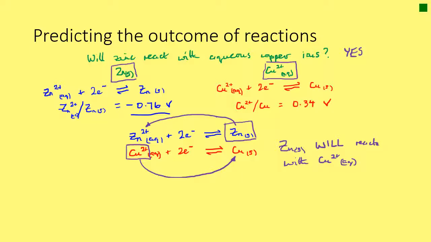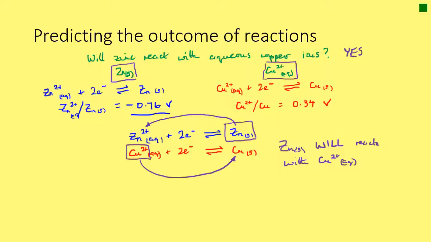The first question that I listed: will zinc react with aqueous copper ions? There's our question.